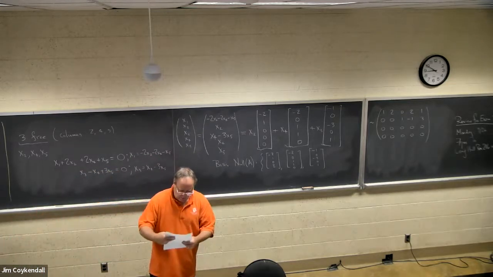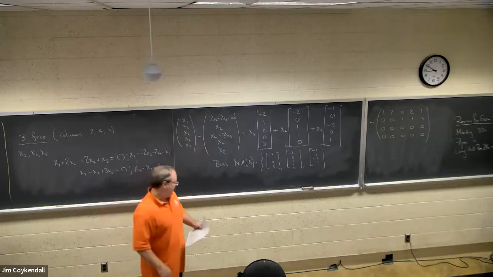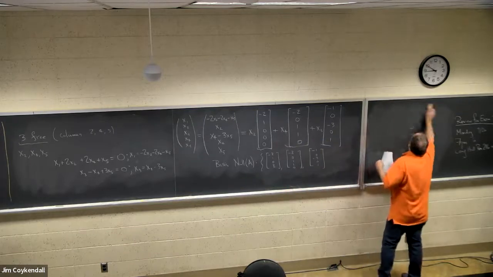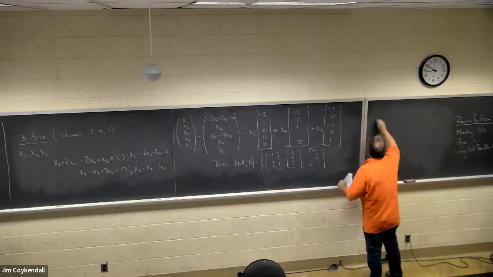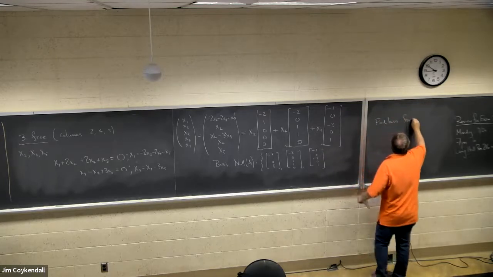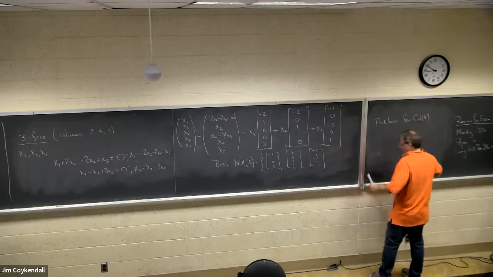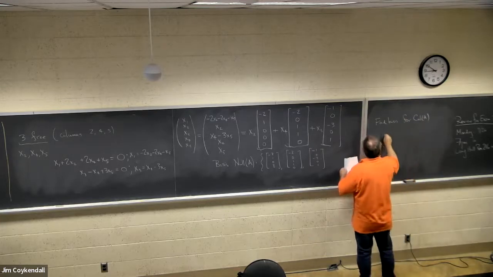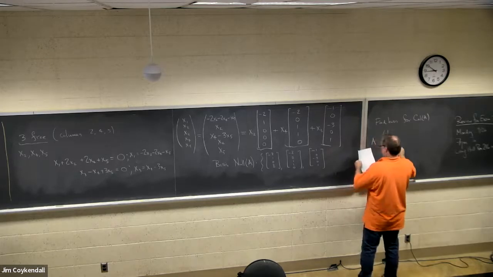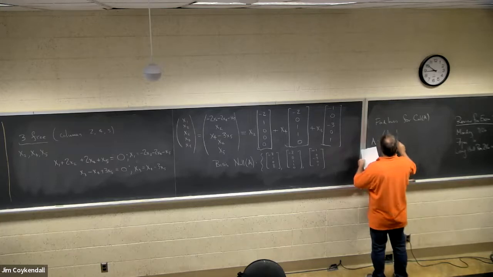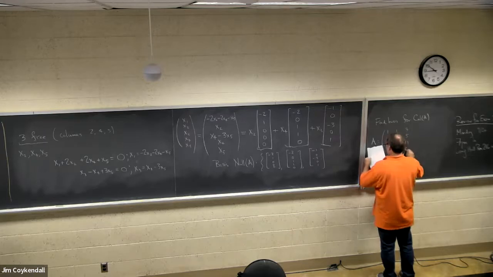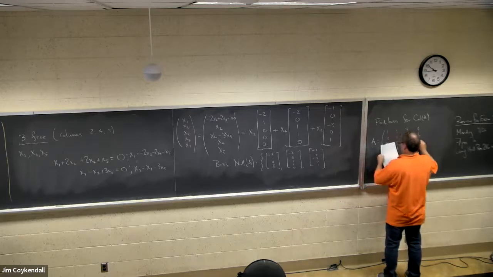Let me leave you with an exercise. I didn't get quite where I wanted, but I'm going to finish this up next time. Let me turn this on its head. So see if you can do this. The column space of 1, 1, 4, 5, 11, 0, 4, 6, 11.